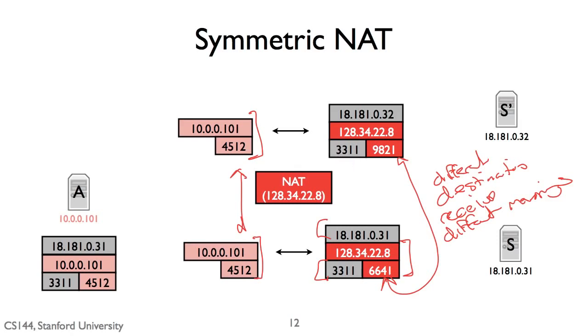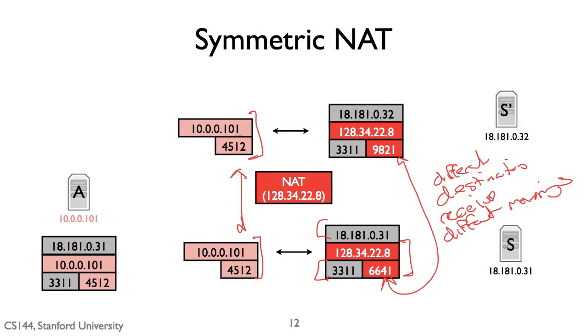So hey, please start talking to this other host. And the issue is that the NAT, this symmetric NAT, would create a new mapping. And so S was seeing the client coming from port 6641, but now suddenly the client is coming from port 9821. And there was no way for the system back here to know that, because the NAT just sets this up and it can arbitrarily decide, so the connection would break.